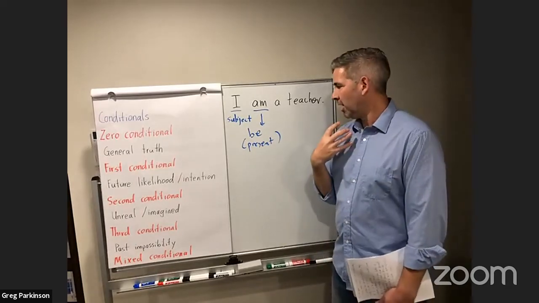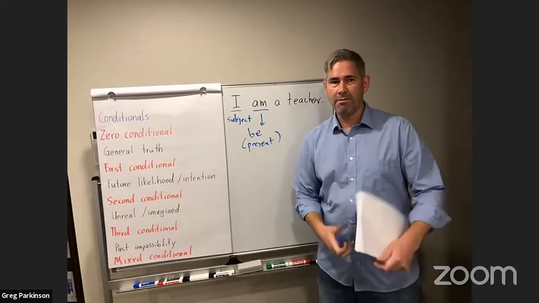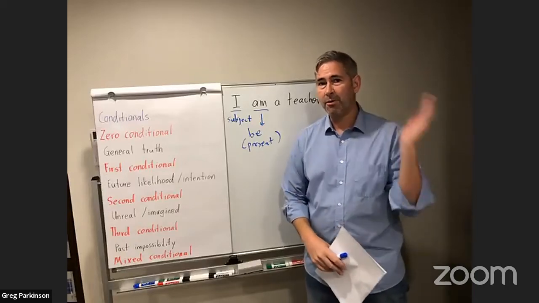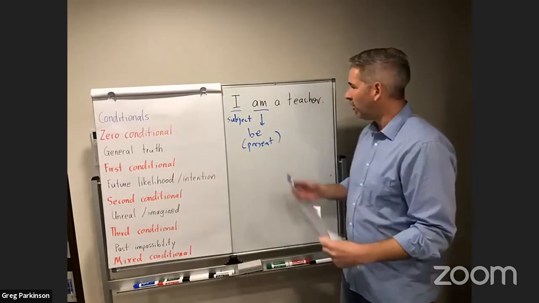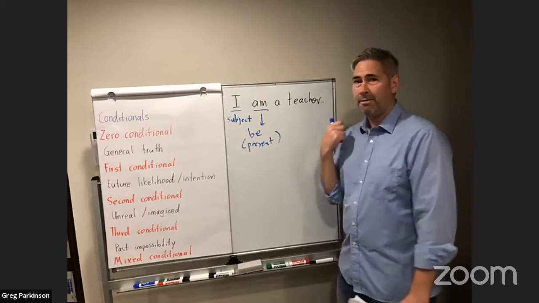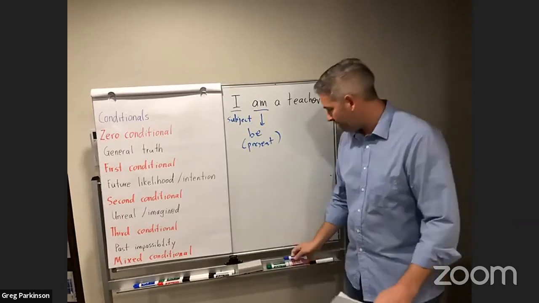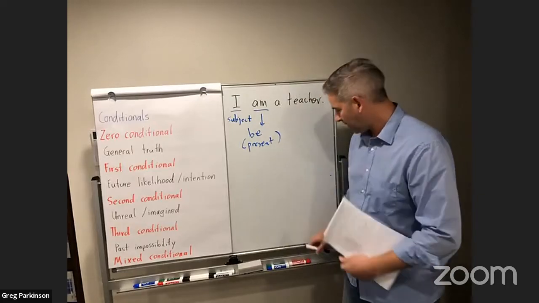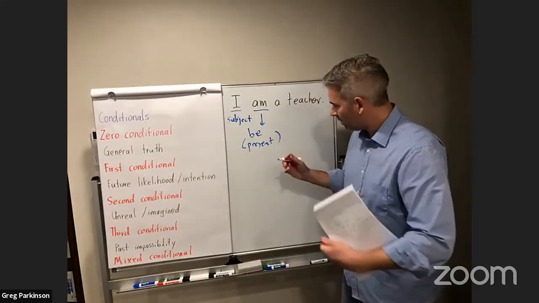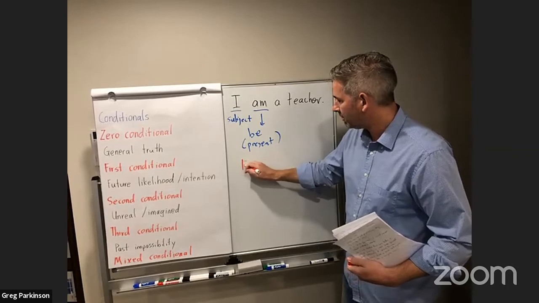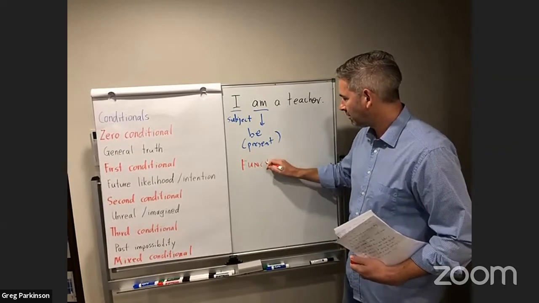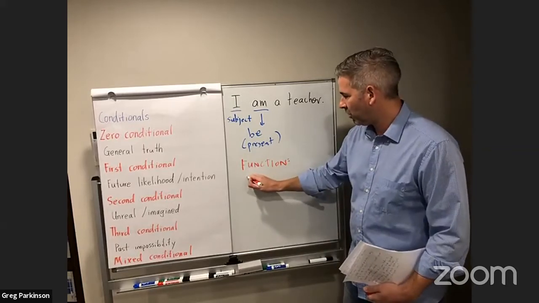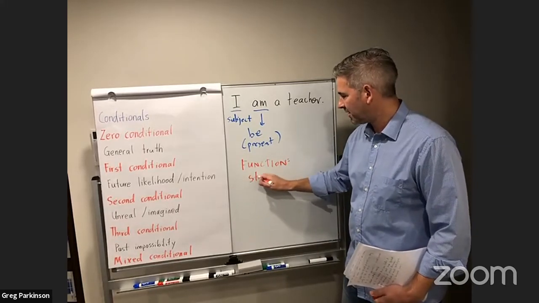When we study grammar, or when we teach it, we often divide grammar into form and function. So form means this. The function of be, just so you can follow, in this case, I'll put it in red. The function is, well, it's a state, right?